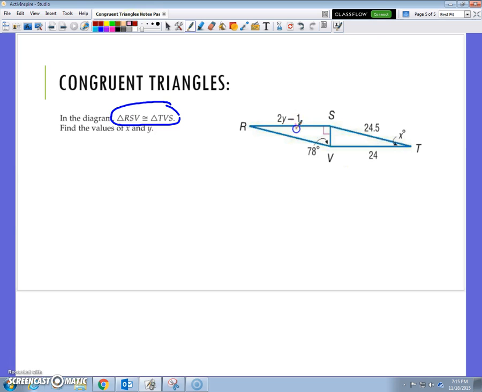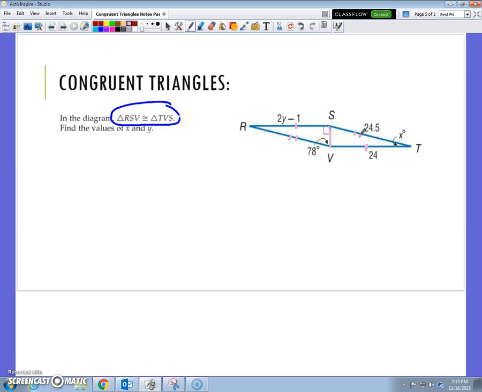So I know RS is right here and TV is right here, so I'm going to mark 1 dash on them. It also tells me that SV and VS are equal. That makes sense because they're the same exact segment, the side that the triangles share. And now I know that VR and ST are the same. I'm going to put 2 dashes on them.